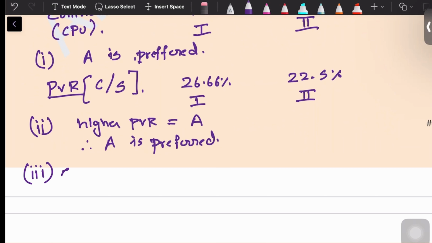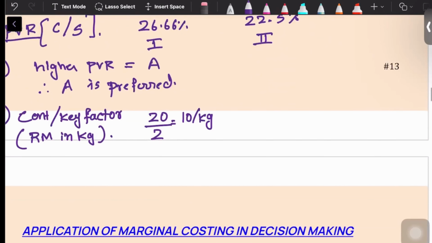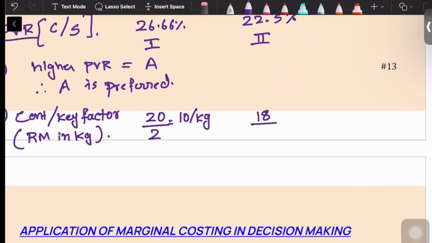Third one, I will calculate contribution per key factor. B is 18. This also uses 2 kg. So this will be 9 per kg.